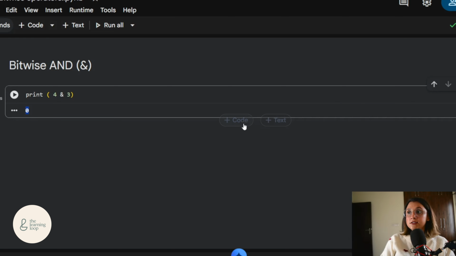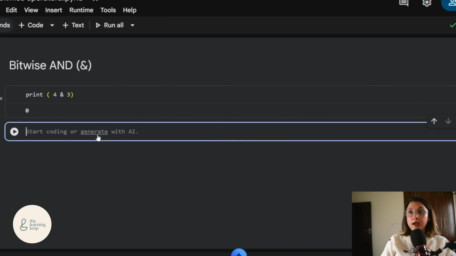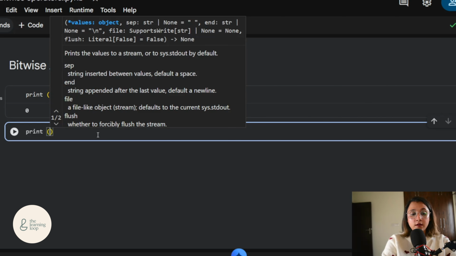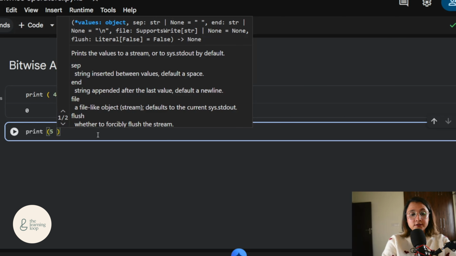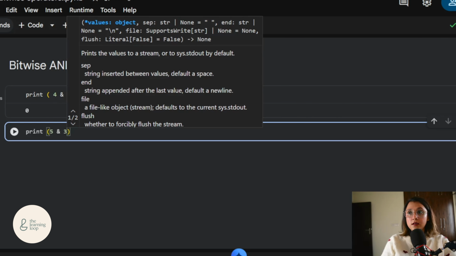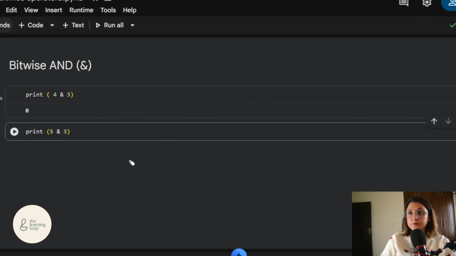Let's take one more example. I do print 5 and 3. Okay. Let's again try and count the bits. So 5 in binary is presented as 1 0 1 and 3 as 0 1 1.